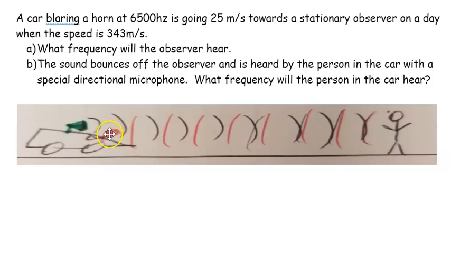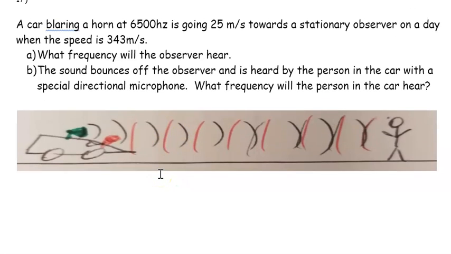But now this will cut through those wavelengths quickly, and it'll be like a moving observer, the microphone in the car. So we're going to get F1, which is what this person hears, then the reflected one, and then F2 will be what the microphone in the moving car picks up. So that's pretty cool. So let's do those two problems in order very carefully, and it's very, very straightforward.